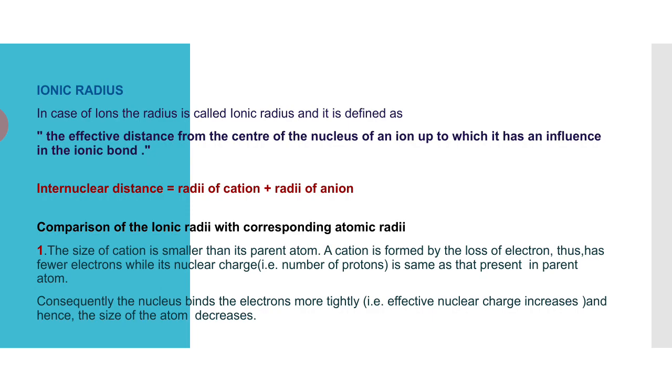A cation is formed by the loss of electrons, thus has fewer electrons, while its nuclear charge, that is the number of protons, is the same as that present in the parent atom.